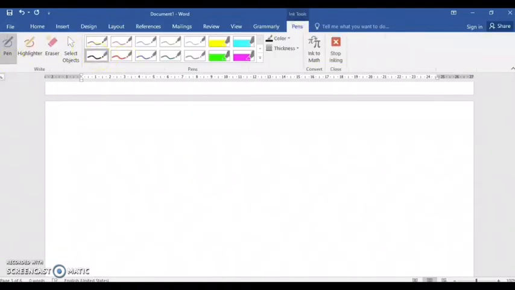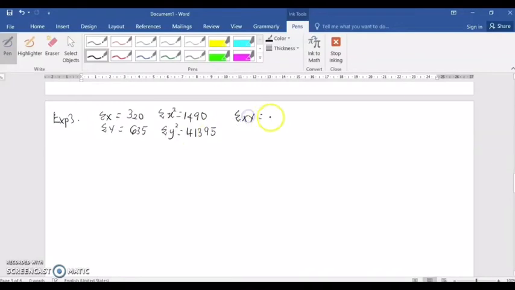So we have example 3. Summation of x is equal to 320, summation of y is 635, summation of x squared is 1490, summation of y squared is 41395, summation of xy is 21275, and then we have our n which is 10.